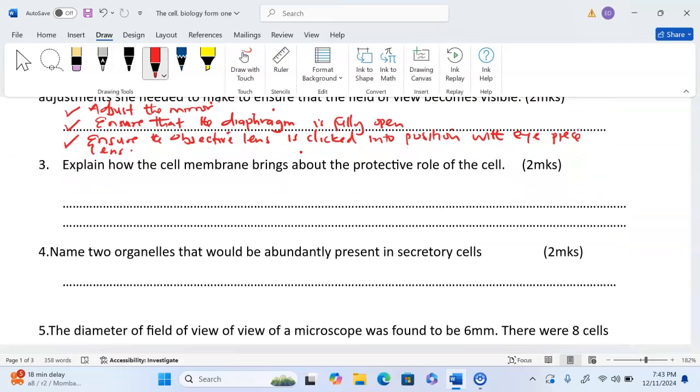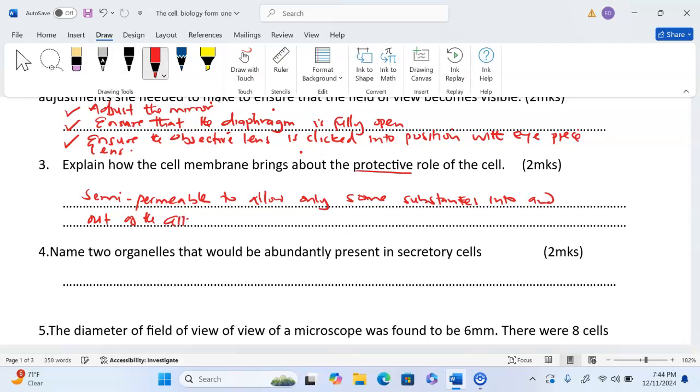Go to question number 3. Explain how the cell membrane brings about the protective role. 1. We know the cell membrane is semi-permeable, to allow only some substances into and out of the cell.